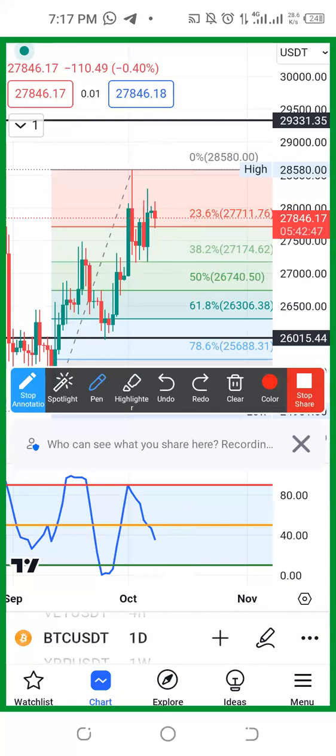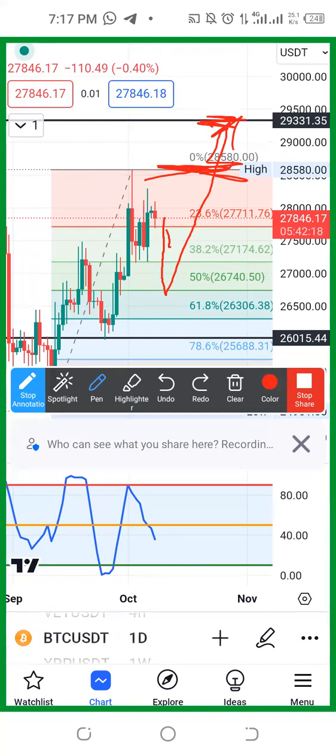The moment it retraces down and touches this back again, it wants to break this resistance so it can get another all-time high. If it breaks this place, it's going to 29,000.